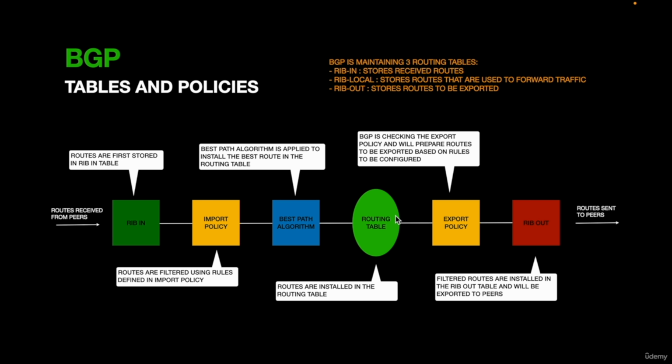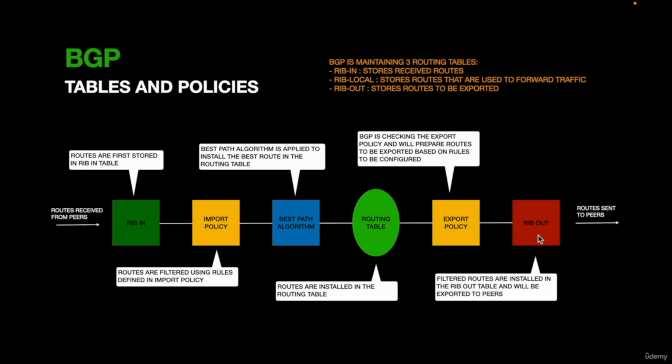After the routes are installed in the routing table, we can have export policies, and these are the rules of which routes to export. And the last table is the RIB-out table, which are the routes that are exported from this BGP peer.